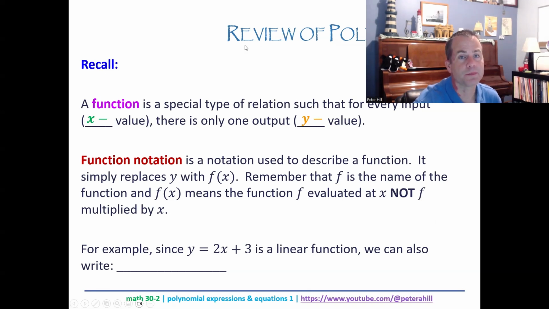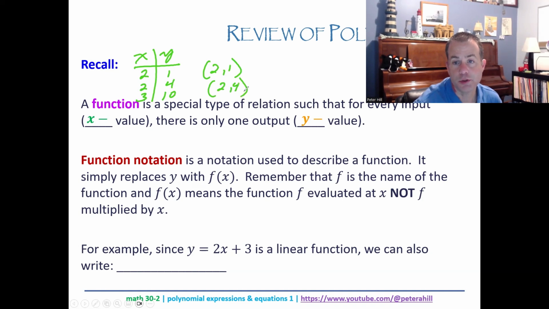If I had given you a table of values that might look like this, with 2, 2, 3, 1, 4, 10, then 2 comma 1 and 2 comma 4 means that for the input of 2, there are two different outputs, 1 and 4.